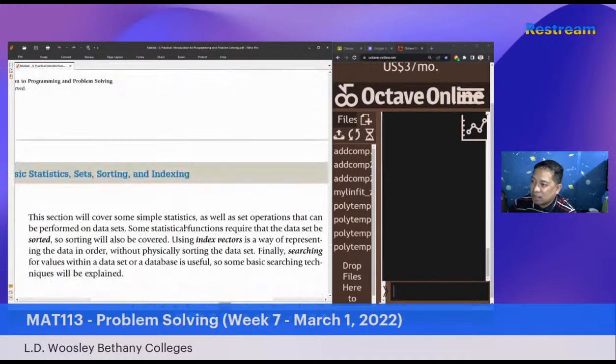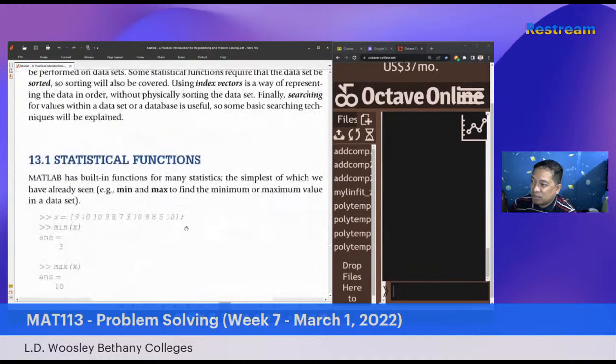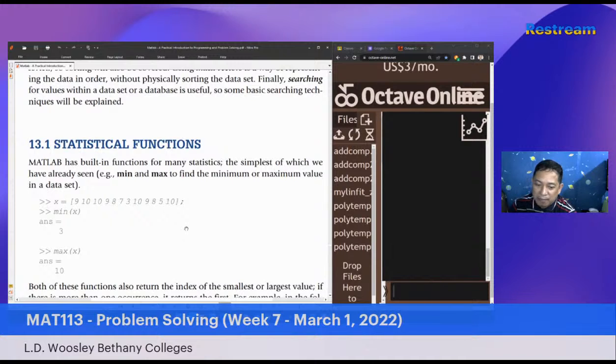Yan. So these are some statistical functions here. So we could identify the maximum and minimum value of each of the data set. For instance, if you have X, hindi na natin kopyahin yung nasa book.